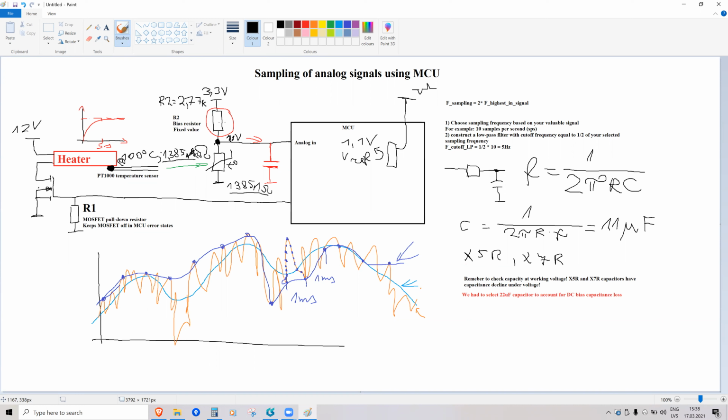So you always use a low pass filter, or at least a small capacitor next to the pin, to filter out these very high frequencies. But you can use averaging to filter out some spikes that are not caught by this low pass filter. So I'll give you an example.